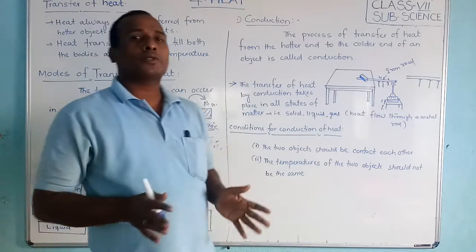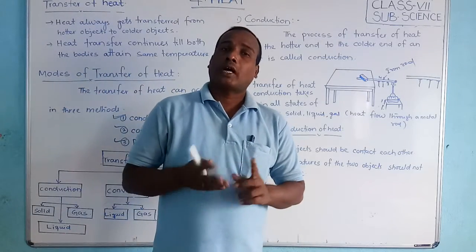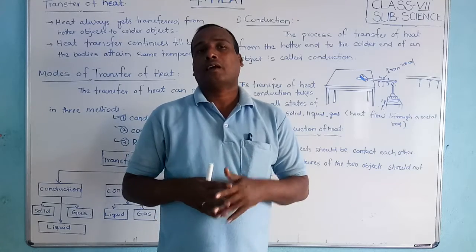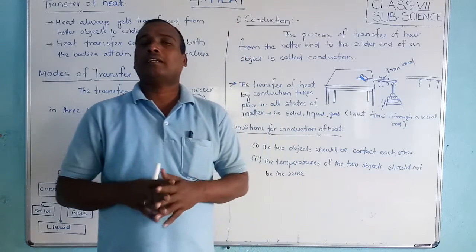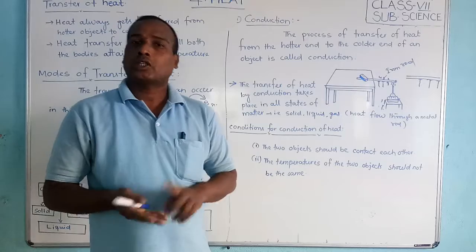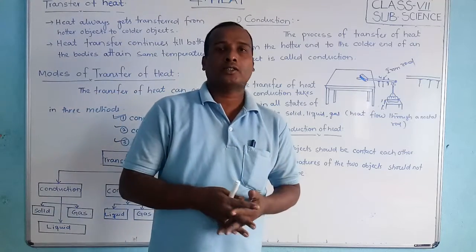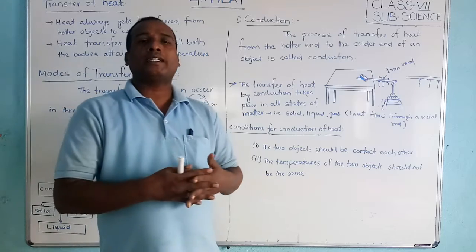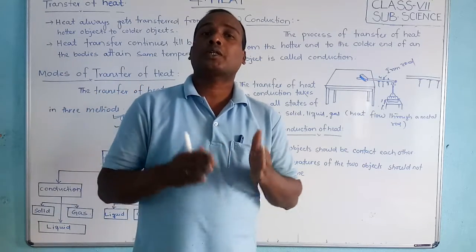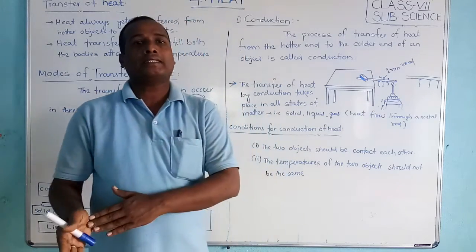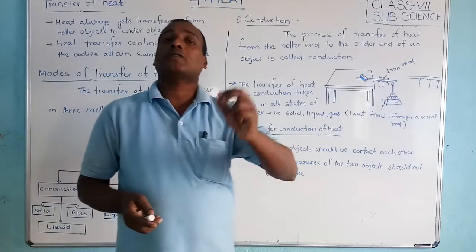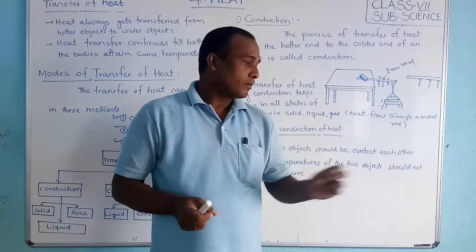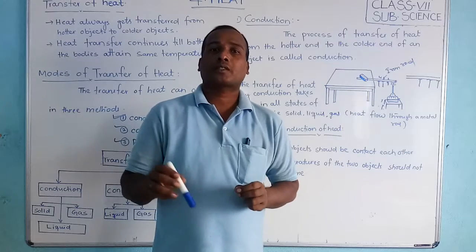And one thing you should remember, students. I already told you, conduction can take place in three states of matter: solid, liquid, and gases. When objects allow heat to flow, they are called good conductors of heat. Metal is a good conductor of heat, but wood is not a good conductor of heat.